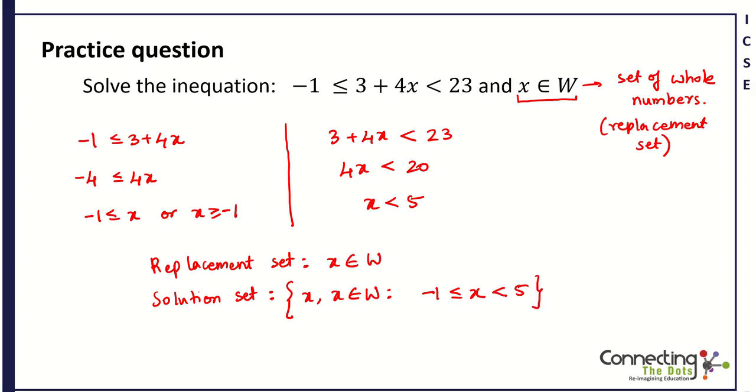Remember, when you write it like this, you are indicating that negative 1 is part of the solution set, but 5 is not part of the solution set because x cannot be equal to 5, it is less than 5.